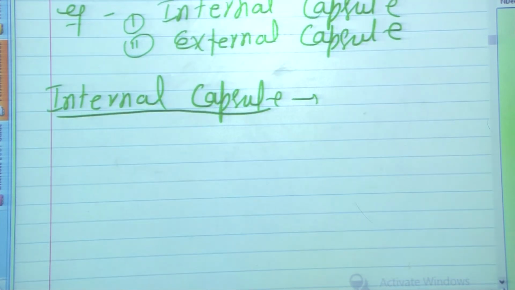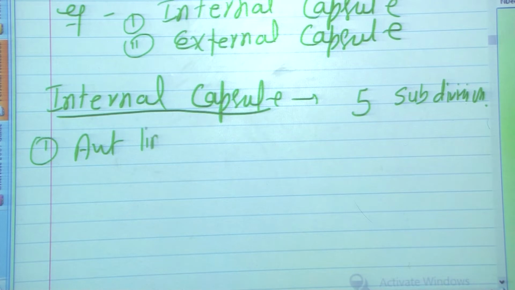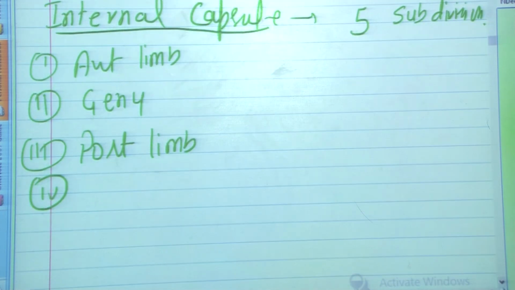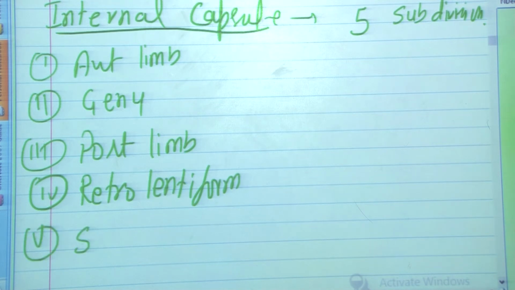Internal capsule has 5 subdivisions. Number 1, anterior limb of internal capsule. Number 2, genu of internal capsule. Third is the posterior limb of internal capsule. Number 4 is retrolentiform part, and the fifth is sublentiform part of internal capsule.